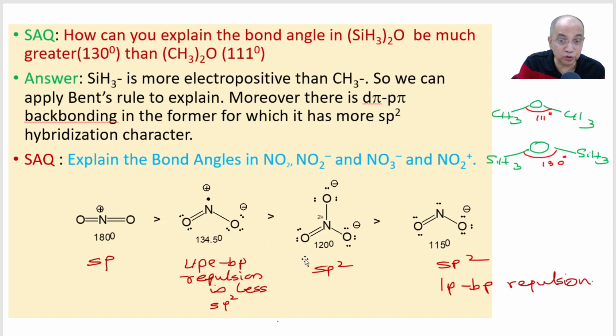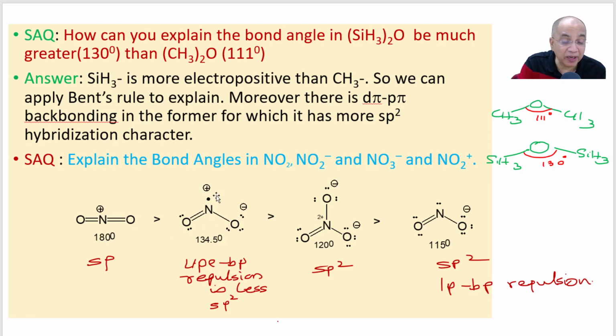And this is NO3 minus, nitrate ion, the anion of nitric acid. And this is nitrite ion, the anion of nitrous acid. The bond angle here is 180, exactly linear because this is sp hybridized. So no anomaly, nothing. And this is 134.5.